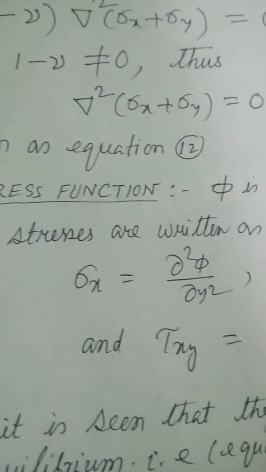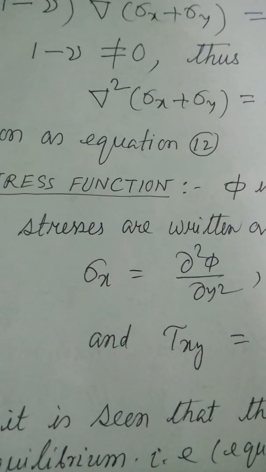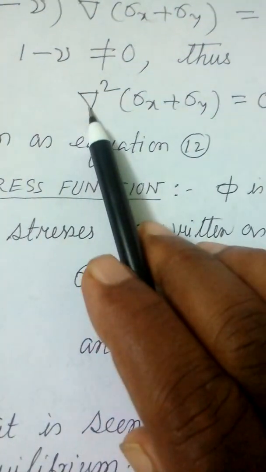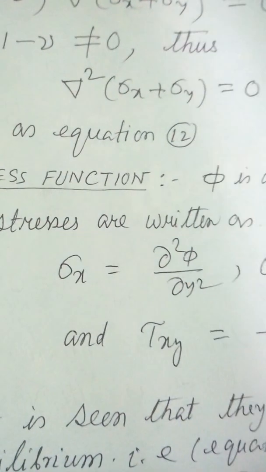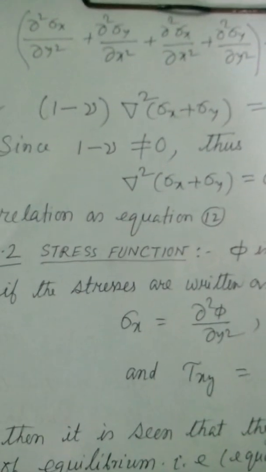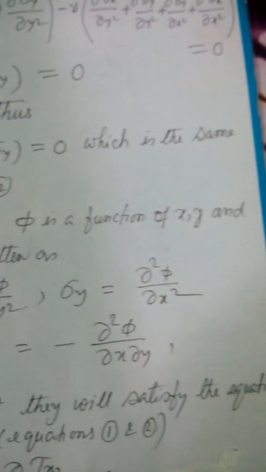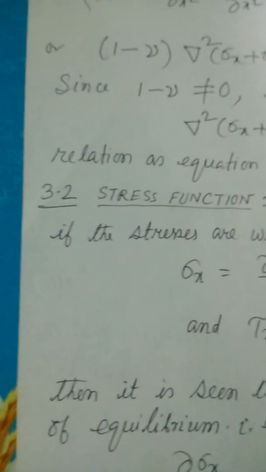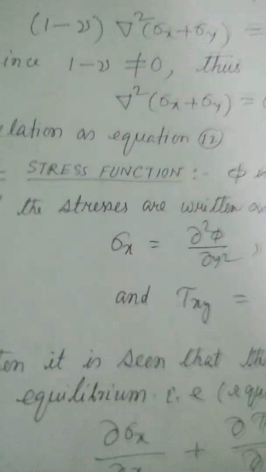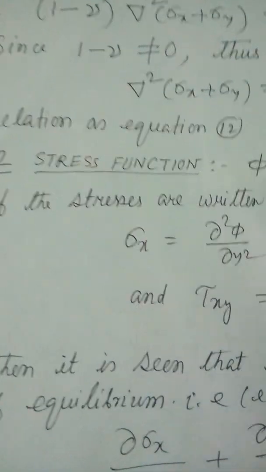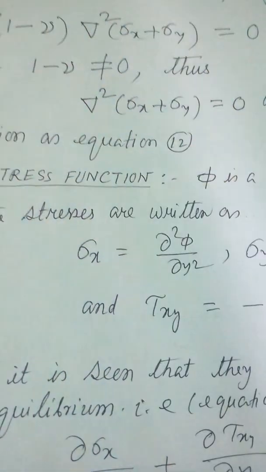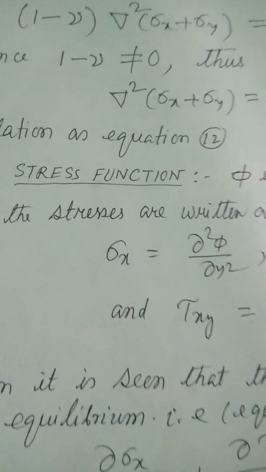Since 1 minus mu is not equal to 0, the rest will be Laplacian of sigma x plus sigma y equal to 0. Which is the same relation as equation 12. So we have reached this equation from the strain side.